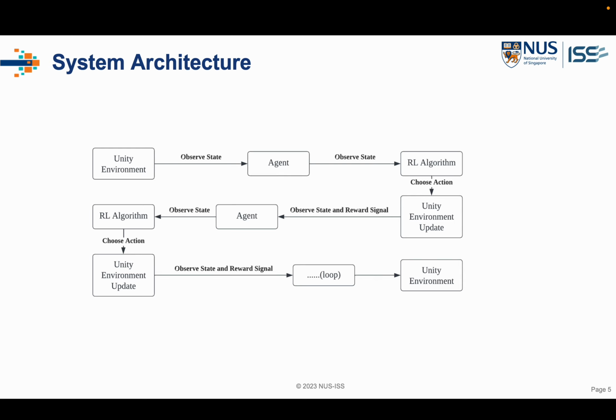The Unity environment sends the state information to the agent and the RL algorithm, which the agent uses to select actions and send them back to the Unity environment to affect its state. After each action performed, the Unity environment sends state information and a reward signal to the agent and the RL algorithm to respond to the change in the environment.